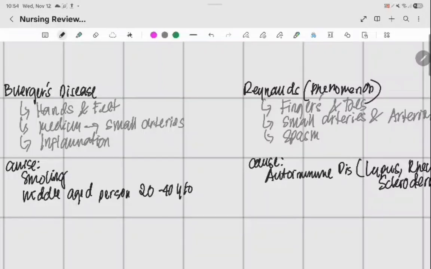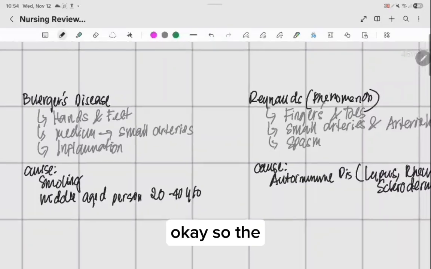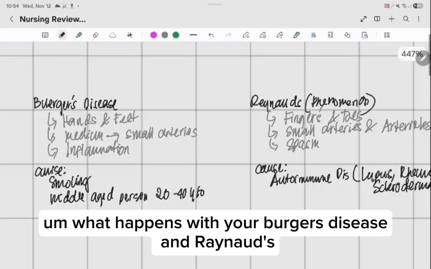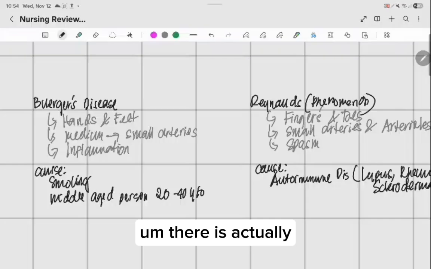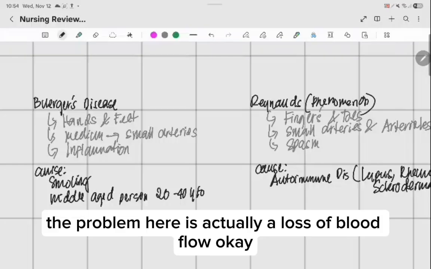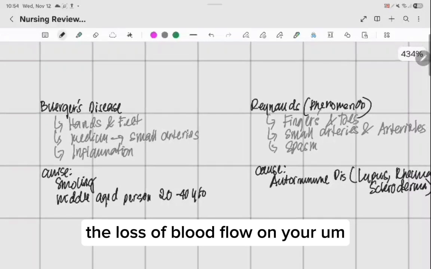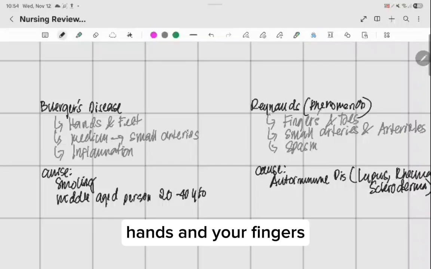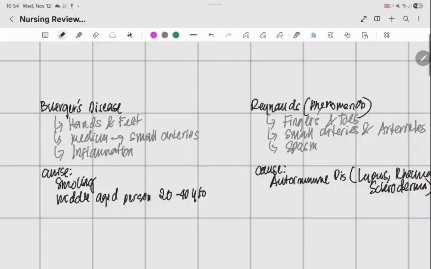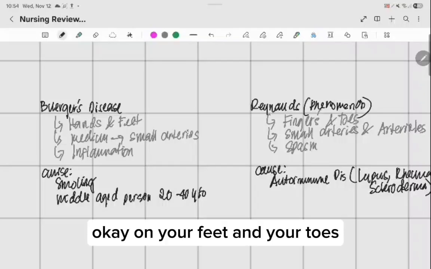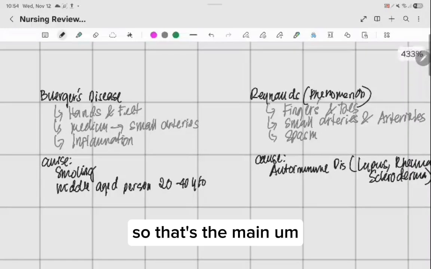So what happens with Buerger's disease and Raynaud's? The problem here is actually a loss of blood flow on your hands and your fingers, on your feet and your toes. So that's the main problem here.